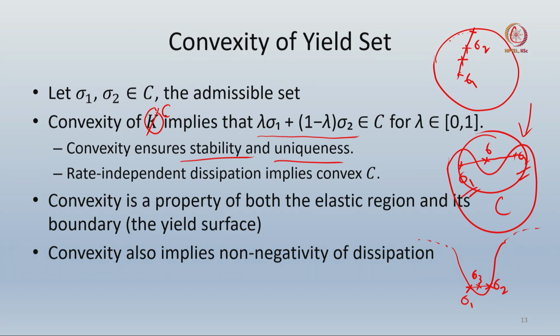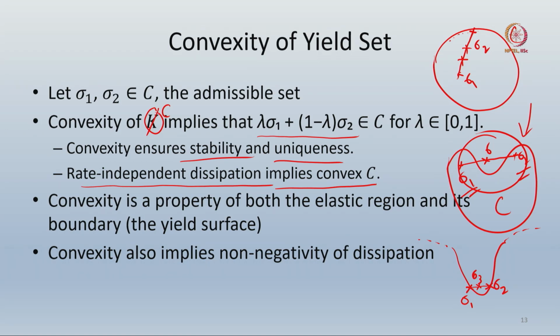So, this is where the stability issue comes in. Now, I will consider these aspects in more detail as we go along. We can actually show that if the response of the plastic flow is rate independent, then it implies convexity of C, okay. We will come to this.